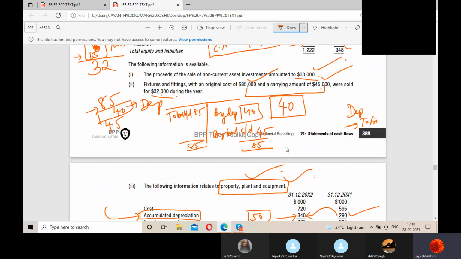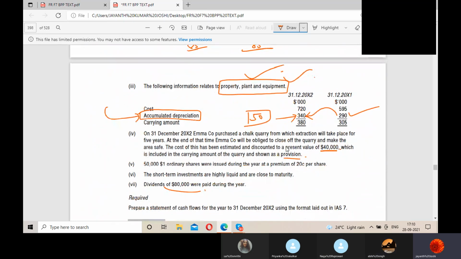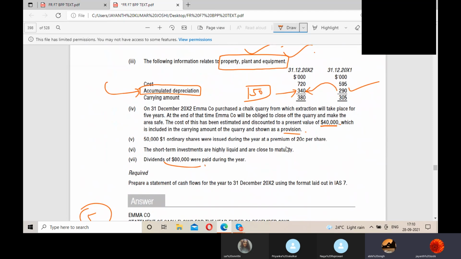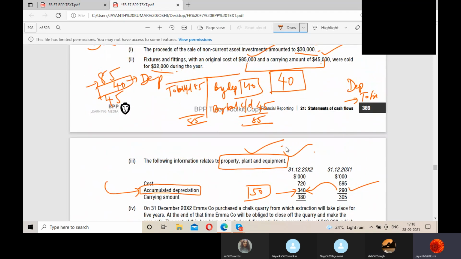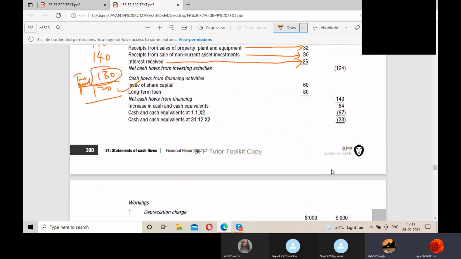And now let's make the account and see, after buying and selling whatever has happened in this current year, the final balance. Let's tally it. So we'll make an account.